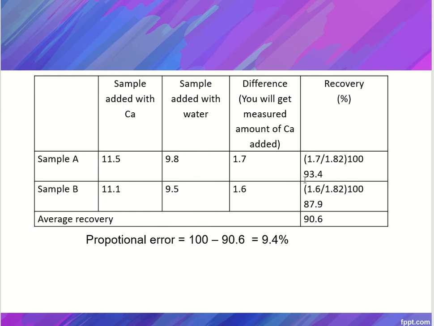So you get 93.4% for sample A, and you get a recovery of 87.9% for sample B. So the average recovery is 90.6. So the proportional error is 100 minus 90.6. You get a proportional error of 9.4%.